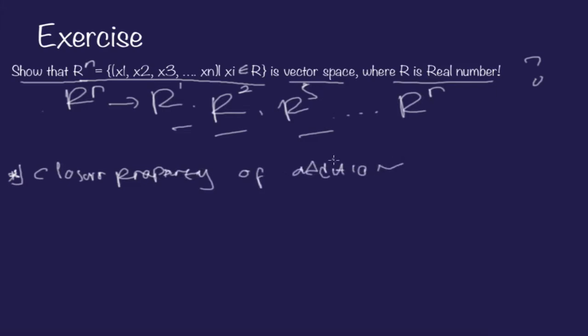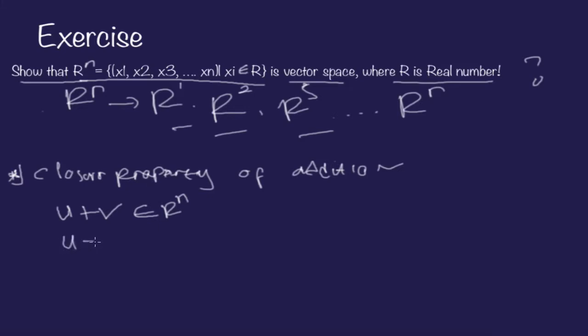We have here Rn, and closure says that u plus v has to be a member of Rn, that it belongs to Rn. You can take any vectors u and v, and I will use the variables x and y to make it easier.